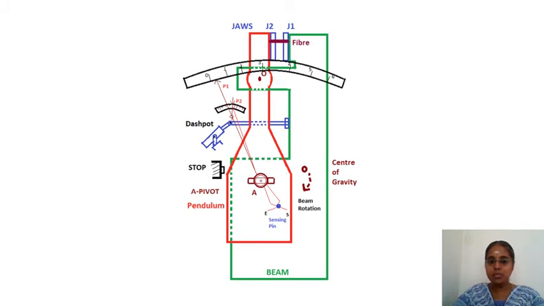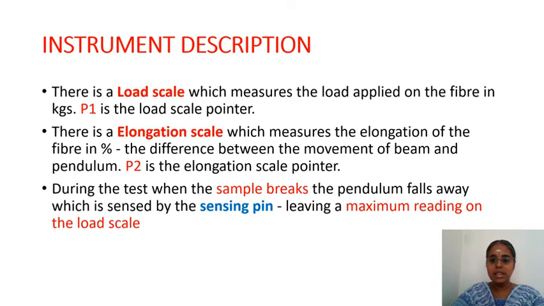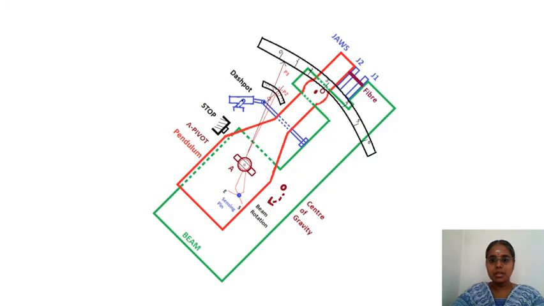The P1 pointer stops moving because the sensing pin moves away the movement of the pointer. This ensures that the maximum reading is recorded on the load scale and the maximum elongation on the elongation scale. This is how it actually moves, and there will be a difference which is sensed by this sensing pin. This clockwise movement will be happening.